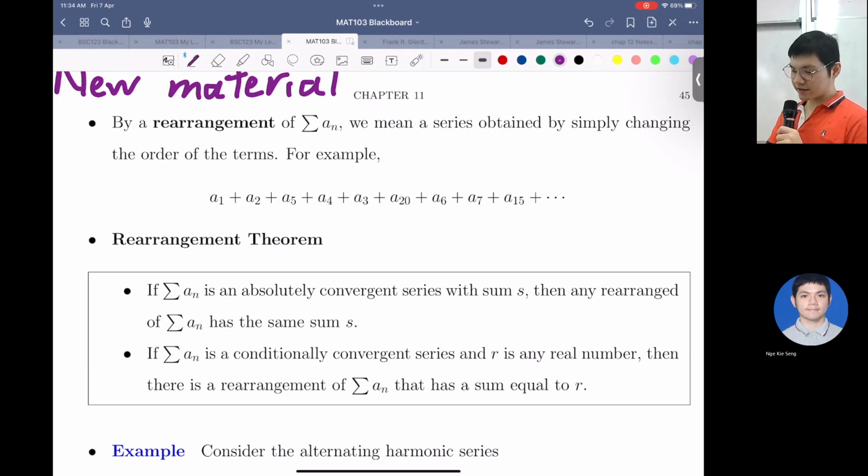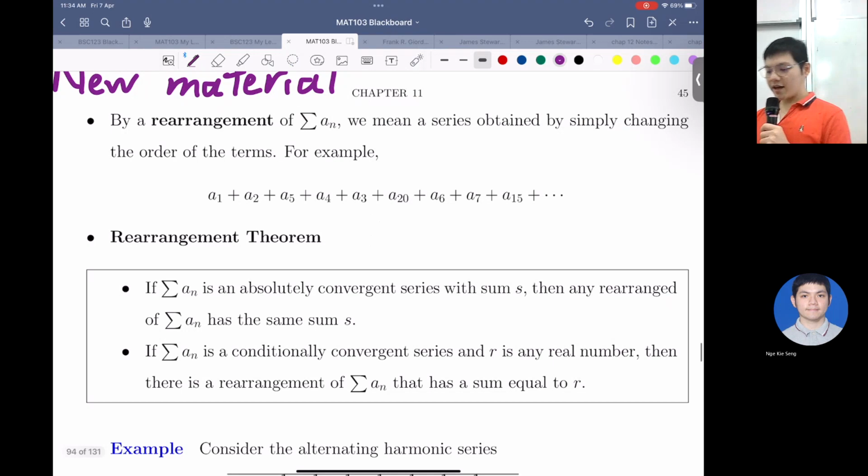But in the second case, if a_n is a conditionally convergent series, meaning it is not absolutely convergent, think of the alternating harmonic series as an example. If you take the absolute value and do the infinite sum, it doesn't converge.